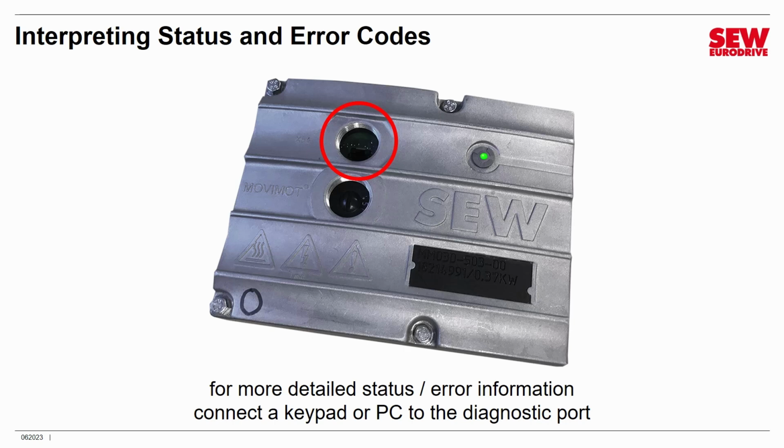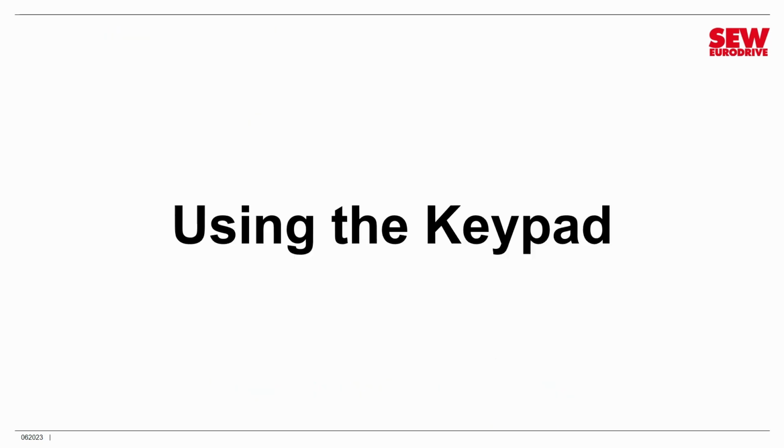A keypad will display the information right on its screen, and of course a PC you will have to scan in using MOVITOOLS MotionStudio, and from there you can find out what's wrong. So there are definitely multiple possibilities open to you as far as getting more detailed status information than the light indicates. And with that, we can transition to talking about the DBG60 keypad, which has a number of uses.